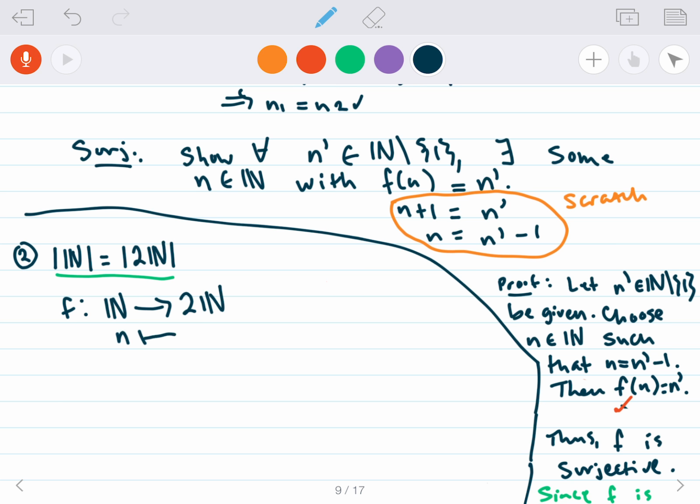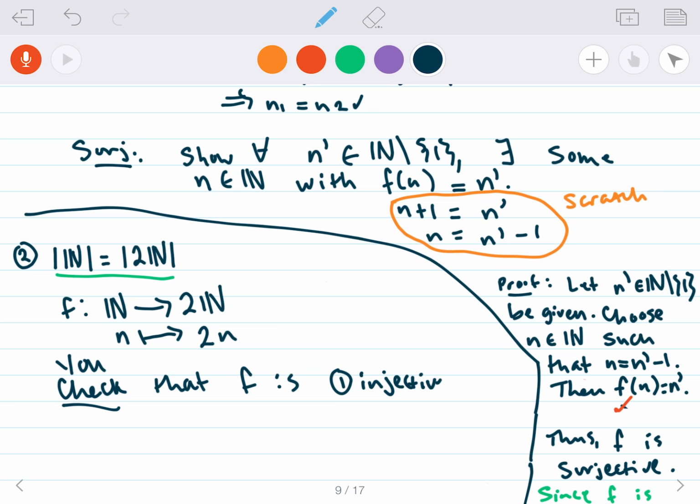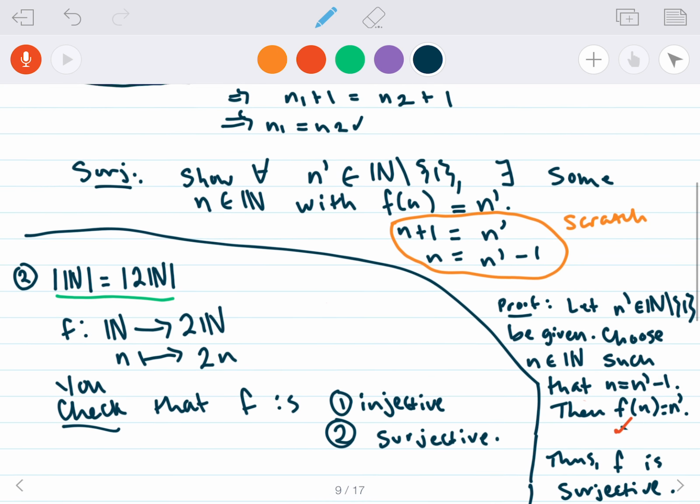So we're going to send n to 2 times little n and check that f is injective and that f is surjective. That will show you that the natural numbers have the same cardinality as the even natural numbers, which is kind of a weird idea, right? The even naturals are a subset of the naturals, and yet a subset has the same size as the set. It's kind of a strange idea, but that's the idea here.